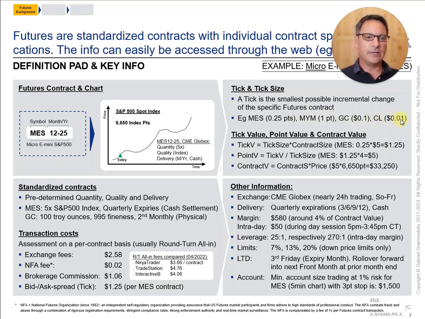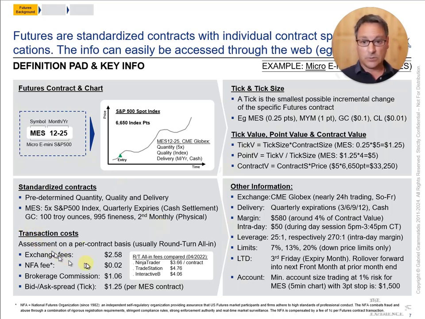So when you trade a variety of different symbols, you need to know clearly what the tick, the smallest incremental move, is, and what the value of that is. It's explained here in this definition pad.